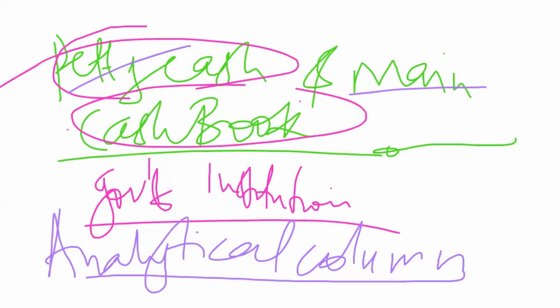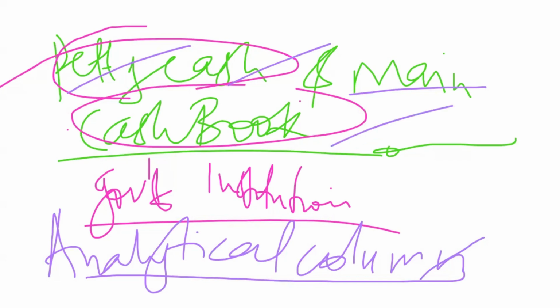So some organizations try to combine, and then they spread the analytical column, but the right way to do it is to maintain a cash book for your major expenses, and then also maintain a petty cash book for your minor expenses. That is the best way to do things. You separate the petty cash and the main cash.